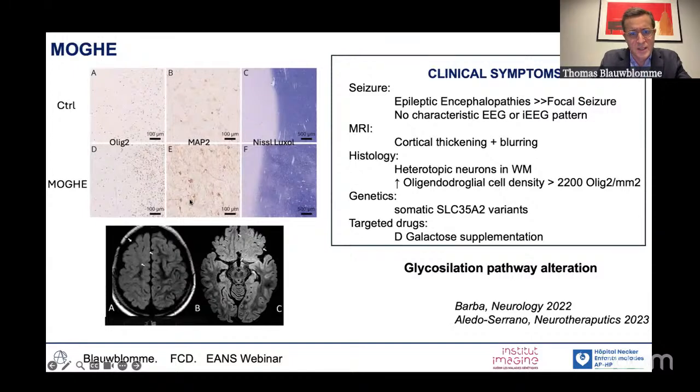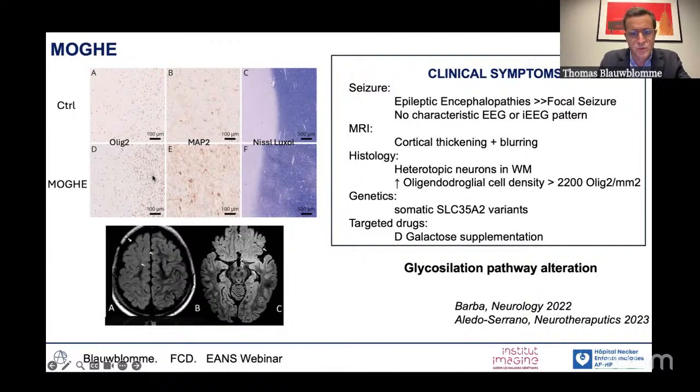Recently, the MOG was extracted from the FCD type 1, because it's really characteristic. And there is something that is easier to define in this patient. If you look at the histology, you have here the OLIG2 immunostaining that displays an increased density of oligodendrocytes in this patient.